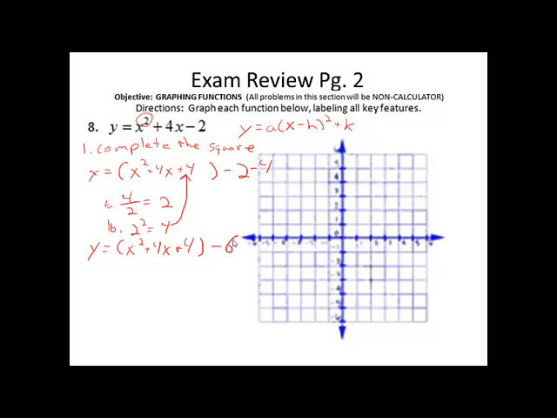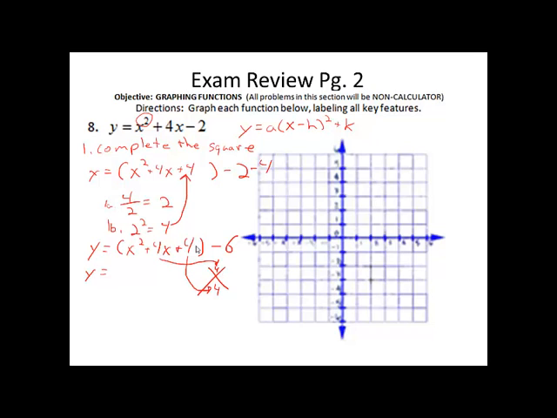Now we're not quite to the vertex form of our quadratic yet. We need to take one more step, and that's to factor our x squared plus 4x plus 4. Now remember, factoring involves writing our x, and our 4 goes in the bottom, and our 4 goes in the top. We need to come up with two numbers that multiply together to get 4, and add together to get also 4.